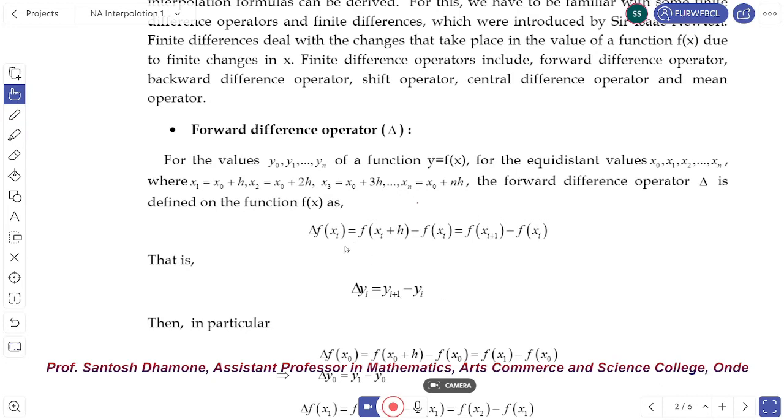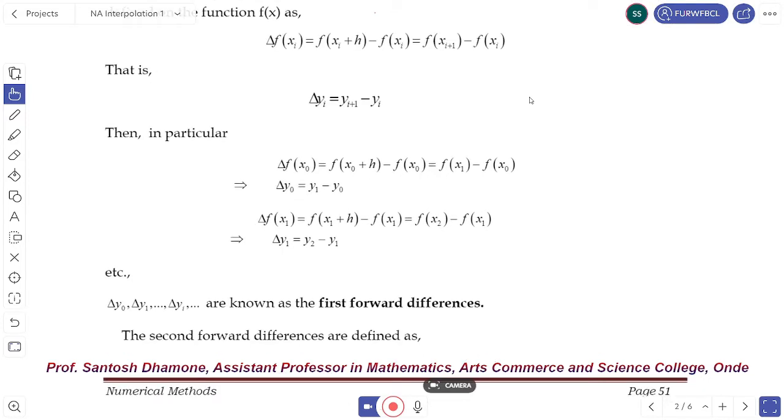This formula delta f of xi is the same as delta yi. Then in particular, delta f of x0 is equal to f of x0 plus h minus f of x0, which is equal to f of x1 minus f of x0. This implies that delta y0 is equal to y1 minus y0.